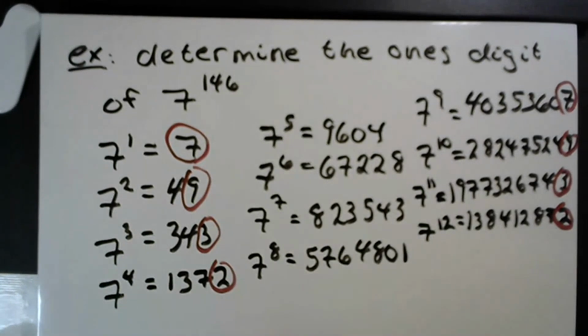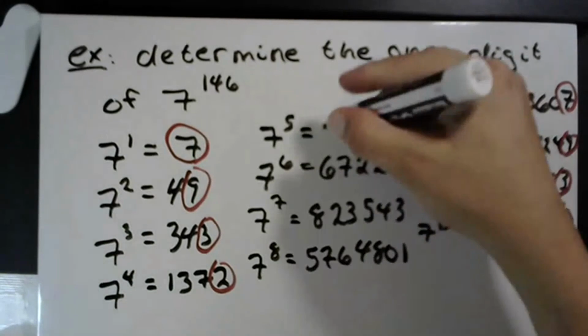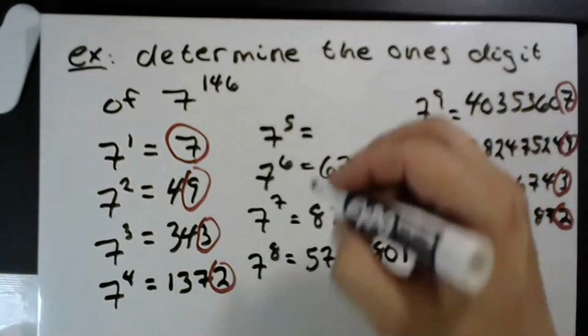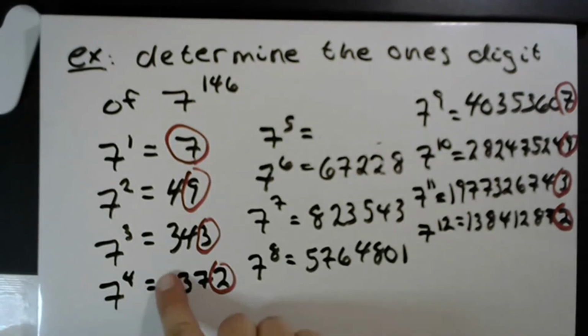So ideally, if I could keep going, and let me check something. I think I made a mistake. I think I miscounted something here. Let me double check my numbers. I think I made an arithmetic mistake. Ah, there it is.